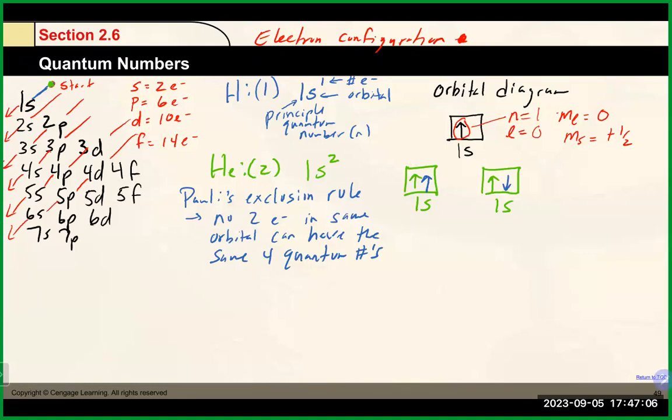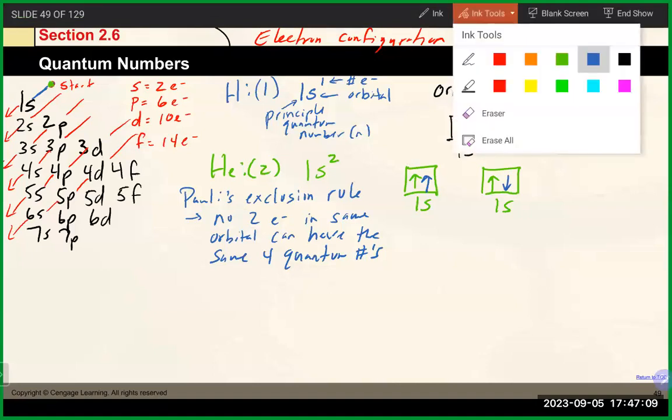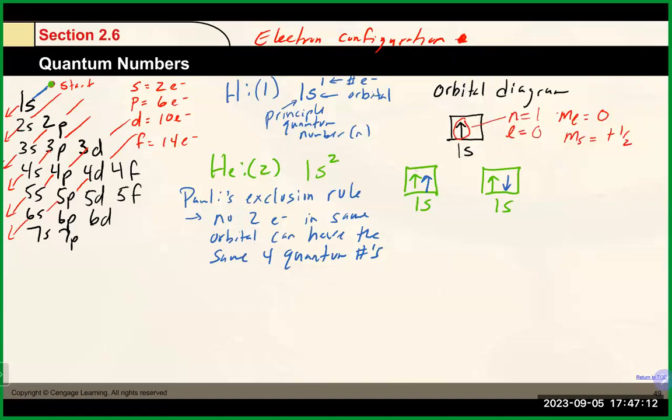The first electron has n equal to 1, L equal to 0, m sub L equal to 0, and m sub S equal to plus 1/2. If I put the second electron in the same way, it would hit the same four quantum numbers as the first electron in that orbital. That would be a violation of Pauli's exclusion rule, which means we cannot do that.